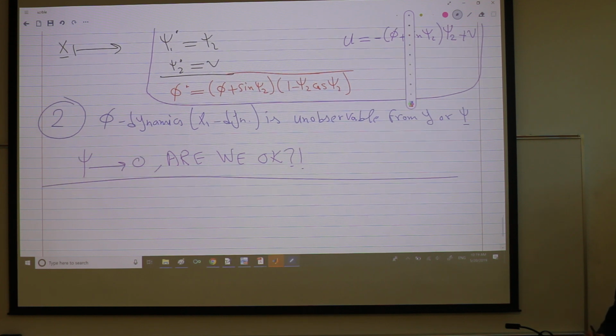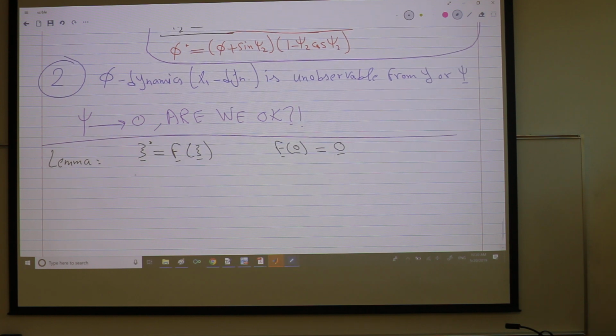Here we have a lemma. Two systems interconnected like ours exactly. So this is, say, the zeta dynamics is some function of zeta, and the origin is an equilibrium point. We have the eta dynamics is another function of both eta and zeta. And again, the origin here is also an equilibrium point.